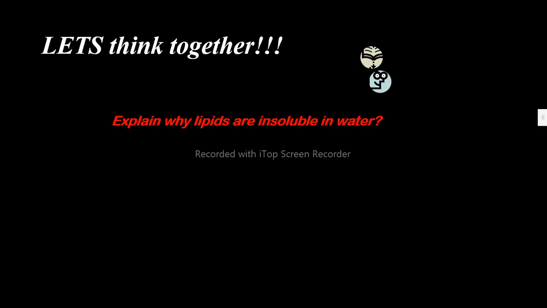But the lipids don't have any proton that they can give to water to form the ions. That's how I can narrow it down.